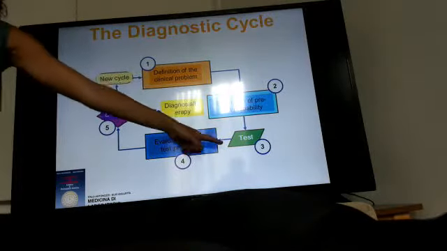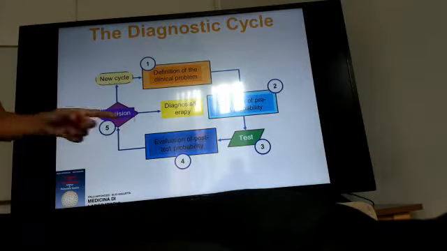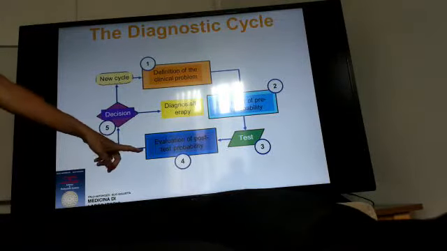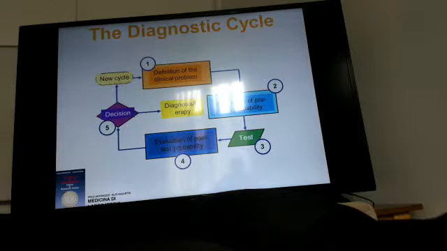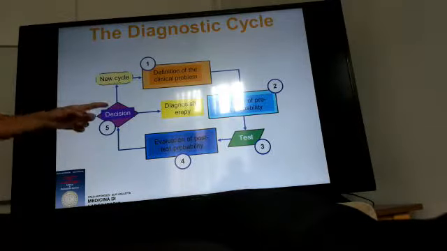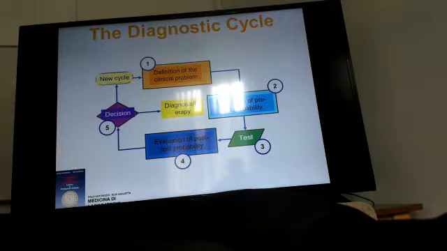You make the test, and at this point, based on the result, you can evaluate the probability that you were right. So the a posteriori probability that the test confirms your diagnosis or not, and at the end you have the decision based on this and start the therapy. And you can start a new cycle.